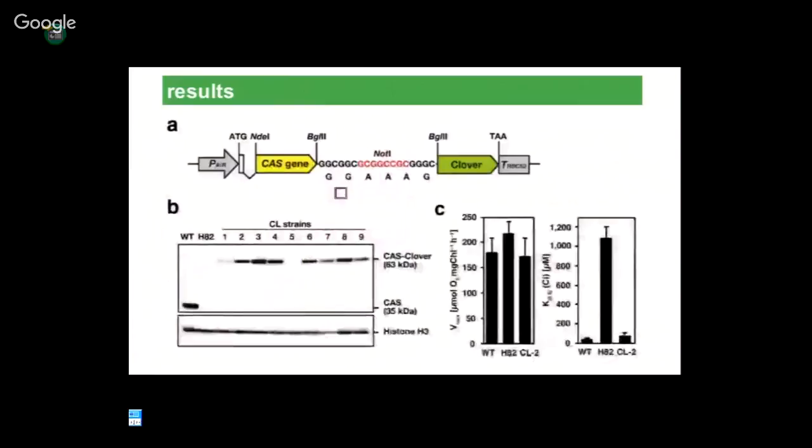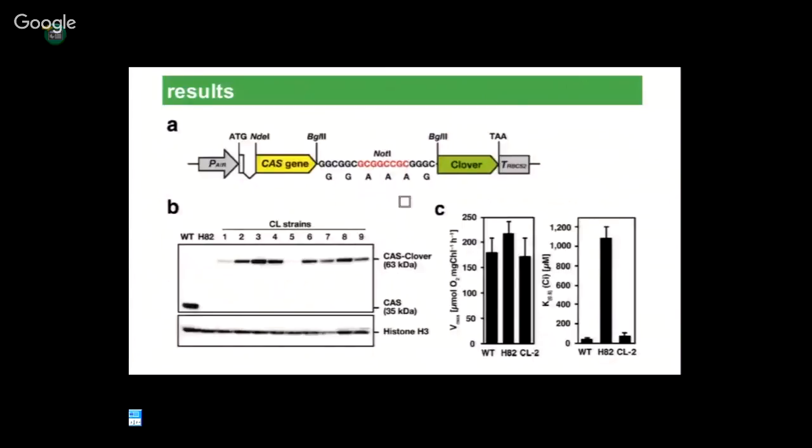To examine the subcellular localization of CAS in vivo, we generated transgenic lines expressing CAS-fused Clover. Clover is a Chlamydomonas adapted modified green fluorescent protein. This plasmid was used to transform the H82 mutants, and the transformants were designated as CL1 to CL9.